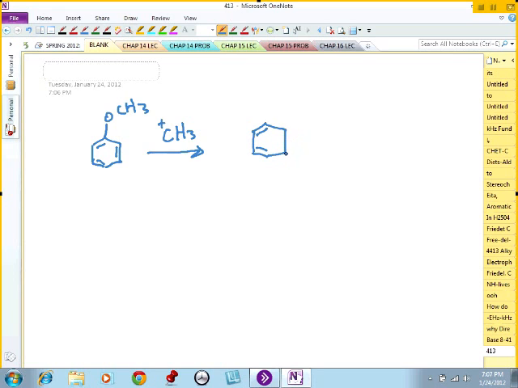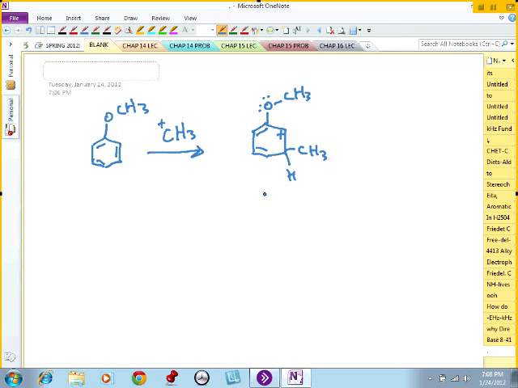If it goes in the meta position, of course you have hydrogen here. This is here. So that means we move this electron to go here. The positive charge is here. So that means this is here. Can anybody tell me how many resonance structures I will be able to get here?